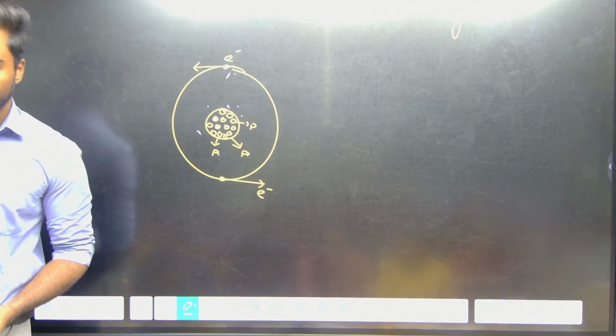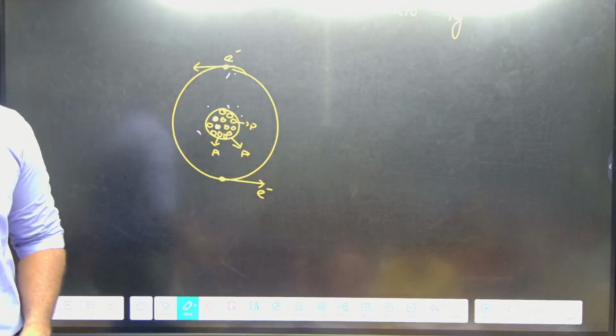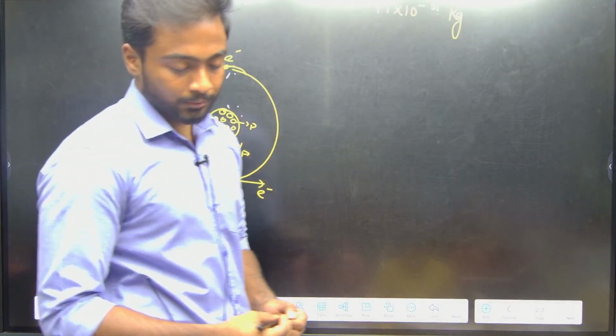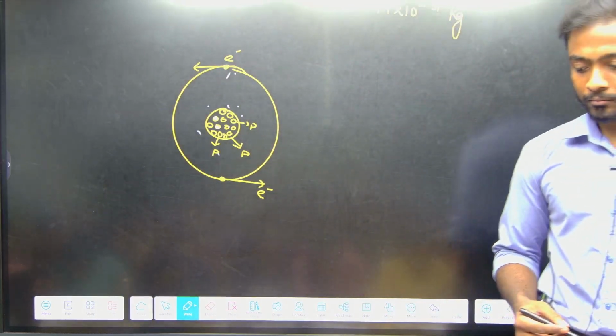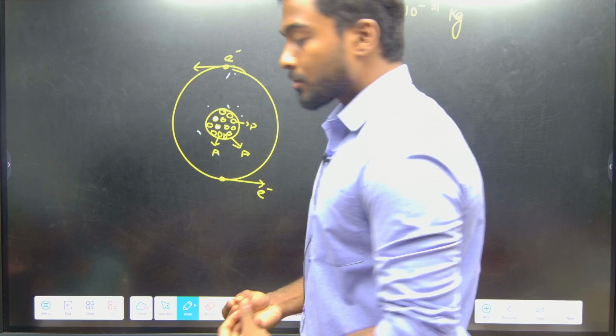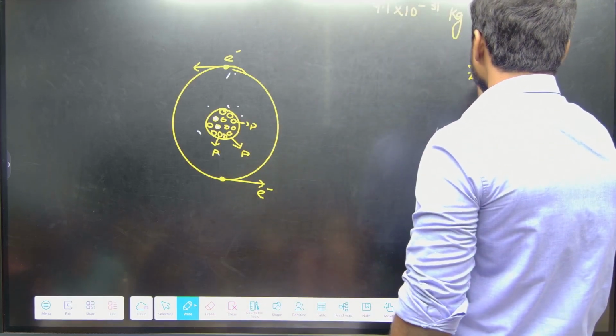Electron is attracted towards proton and it is due to electrostatic force. Okay. So what is this symbol denotes?